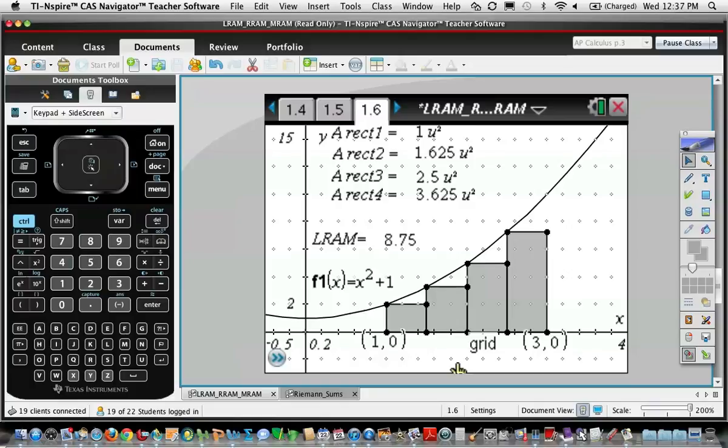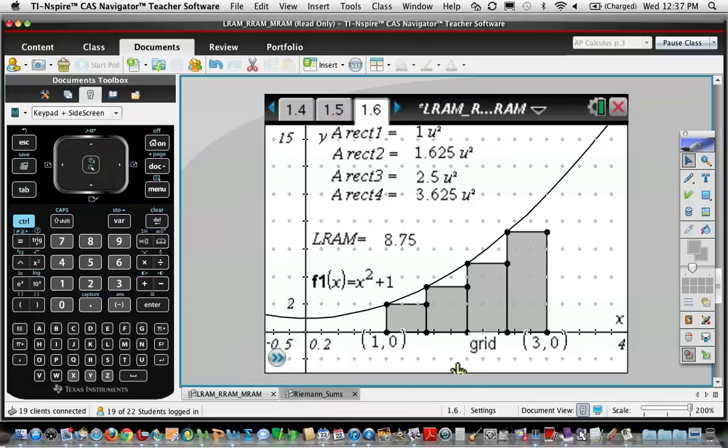Well, the width will be easy. The width of the rectangle is easy. If I've got a total width from 1 to 3, that gives me a width of 2, and if I'm going to do 4 equal width rectangles, 2 divided by 4, each one of those has to be a half wide. So the width is easy to find. And what's the height? The function value, the output.